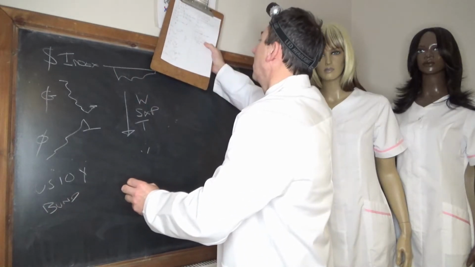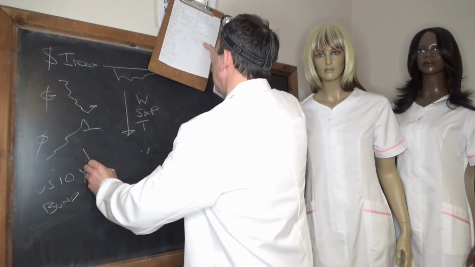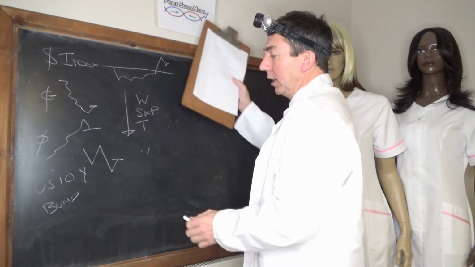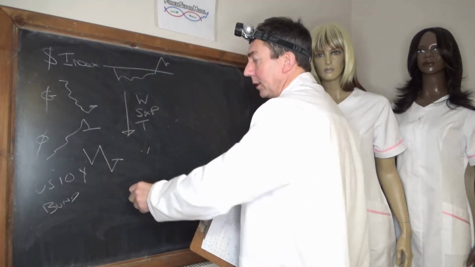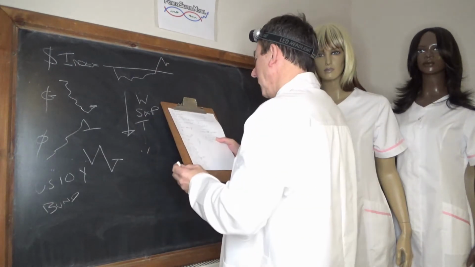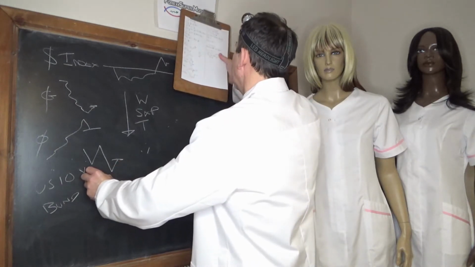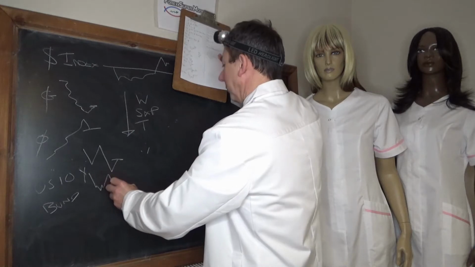Right, what have we got? We've got this sort of situation. So the US 10-year, this is the price. So basically yields have been rising. They've now come back a little bit, and the bund looks sort of like that.